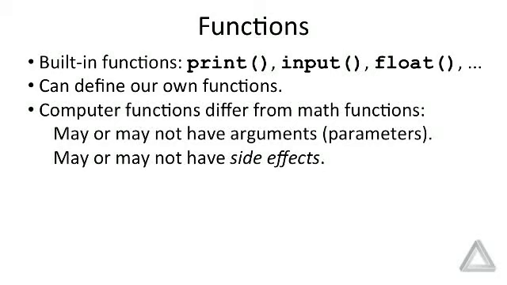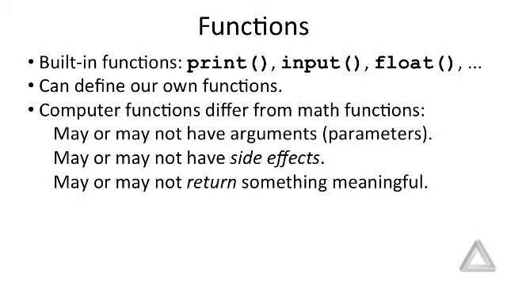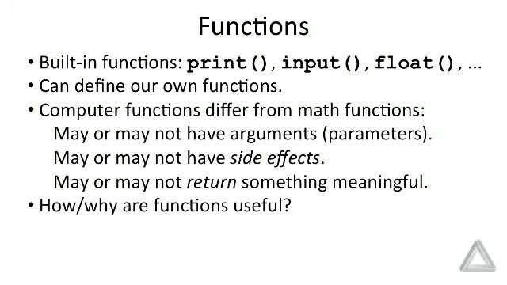So it's going out to a file, say, and grabbing that. That's the side effect. The print function generates output. It prints something to the screen, but that's really a side effect. It doesn't return anything useful. So functions may or may not return something meaningful, and we'll get into the details of that in a little bit.